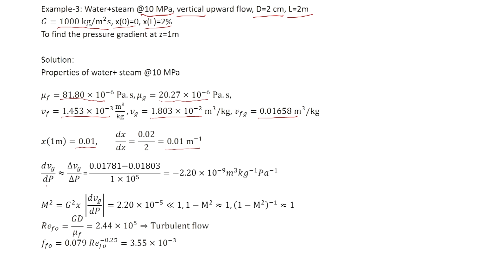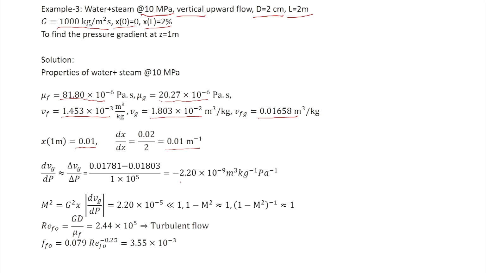Now, we calculate dVg by dP by considering two slightly different pressures. The pressure is 10 megapascal, which is 10,000 kilopascal or 100 bar. So, we take 100 bar and 101 bar and find out Vg at these two pressures and then take the difference.